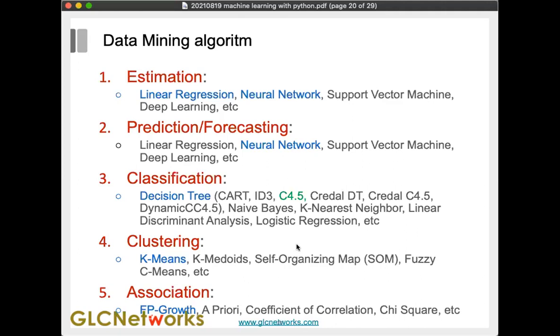Most machine learning functions or purposes or objectives must be in these areas. First, we use machine learning for estimation purposes. Okay, so for estimation, here are the algorithms, lots of them. Linear regression is very famous.